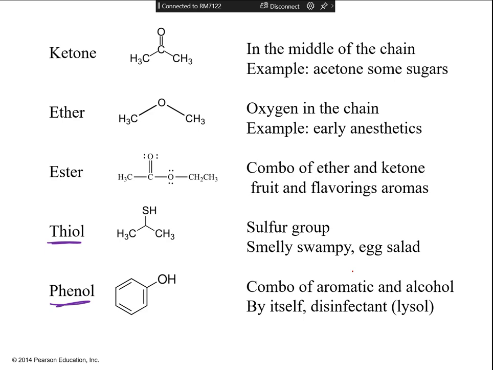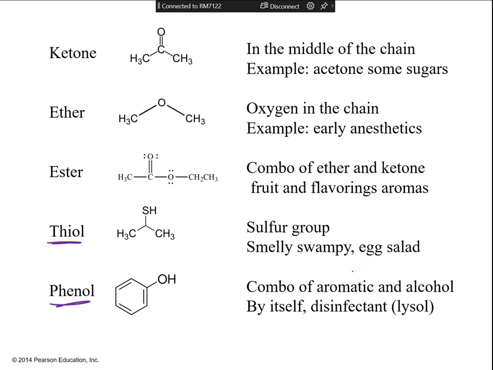So phenols were really some of the first disinfectants that were used. They recognized that if you rinsed surgical instruments with phenol, there were fewer hospital-acquired infections, post-surgery infections. So that's when they started rinsing the knives, scalpels, etc., in phenol.